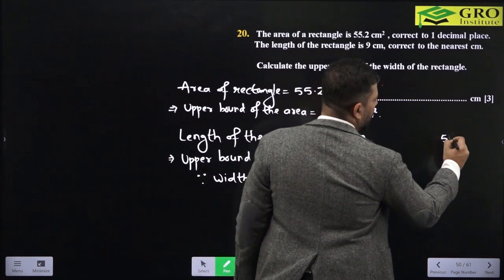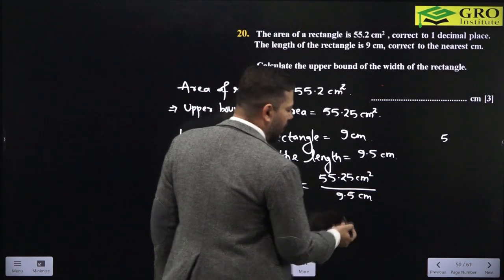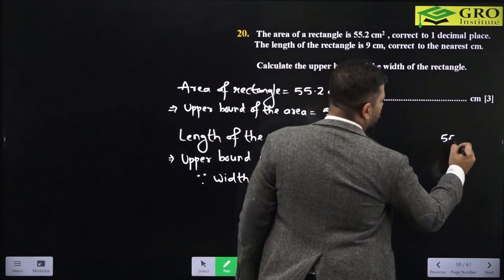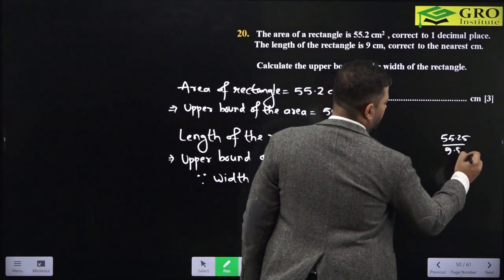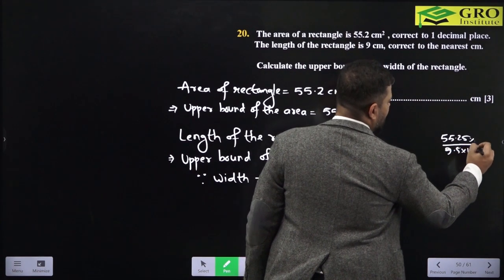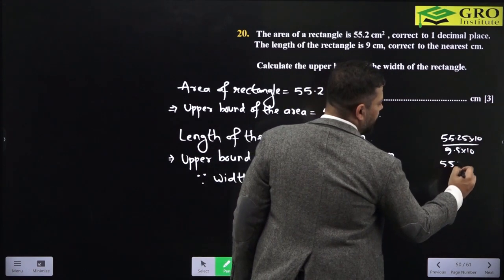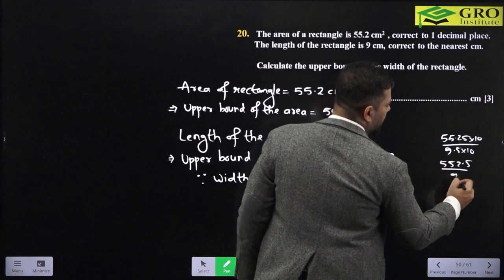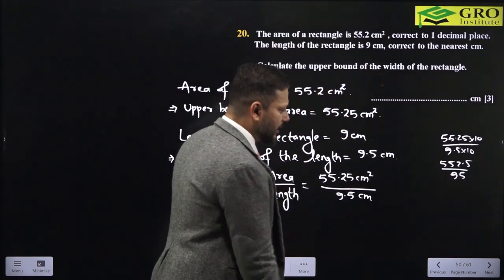Divide it first of all. 55.25 needs to be divided by 9.5. Better would be to first convert the denominator into a whole number. So in doing so, I'll multiply numerator and denominator by 10. That gives me 552.5 to be divided by 95. Isn't it? We will divide it in such a way.